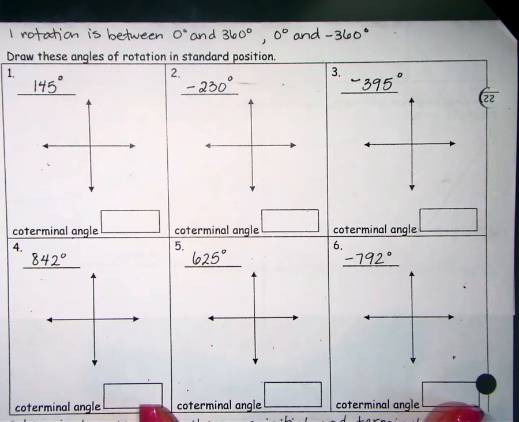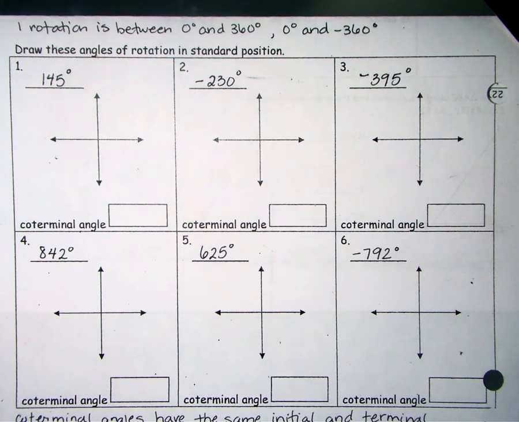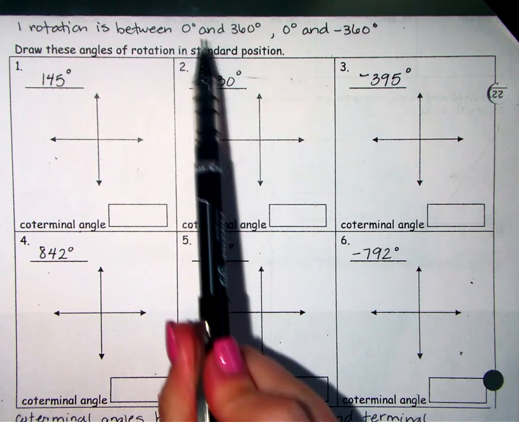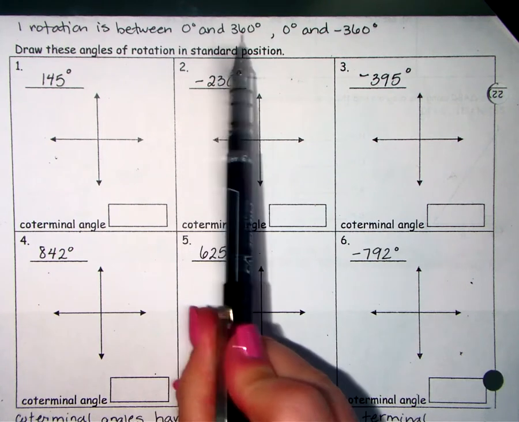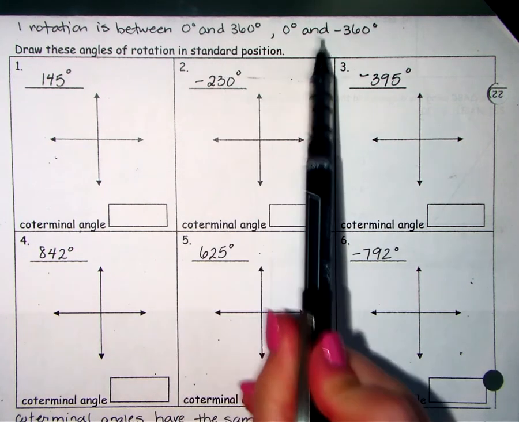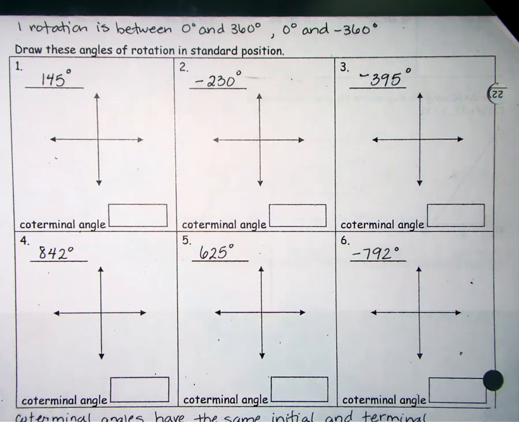Oftentimes, to see where we terminate, if it's a number larger than this range of positive 360 or negative 360, we need to unwind to see how many rotations there really were and then see where we terminate.